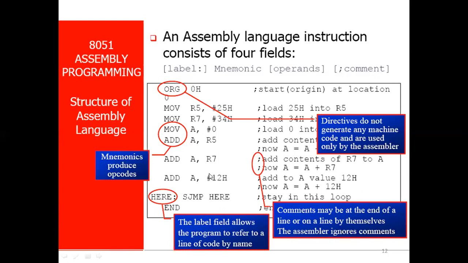With a semicolon, the comments are for understanding your program, and the assembler ignores them. Mnemonics are the opcodes like MOV and ADD, and directives give directions, meaning the starting and ending of the program, and these are used only by the assembler. So this was the assembly language instruction having 4 fields.